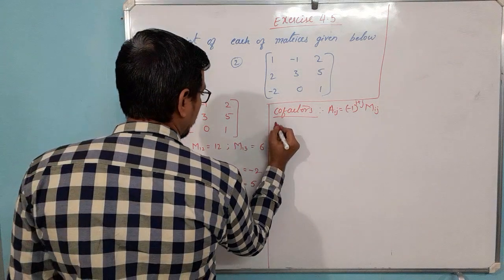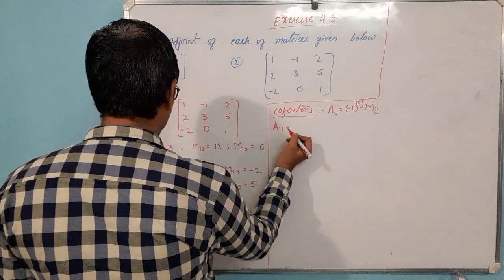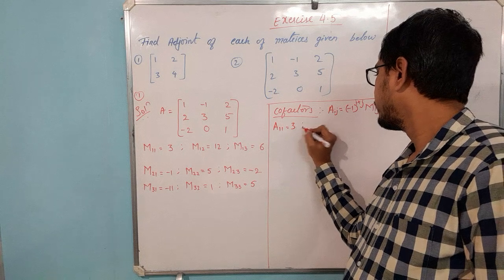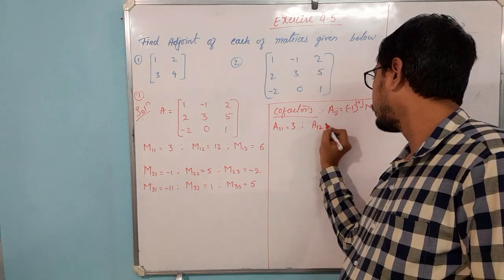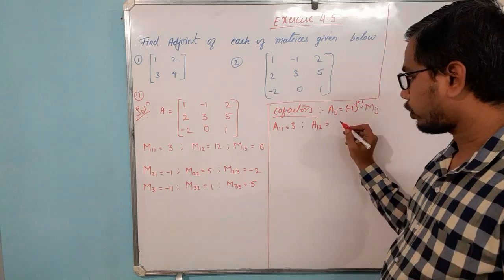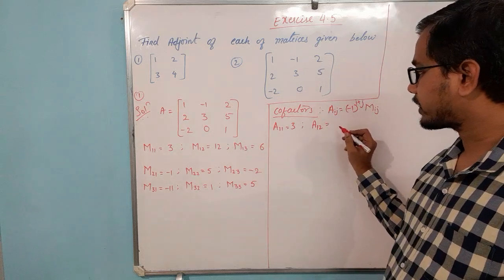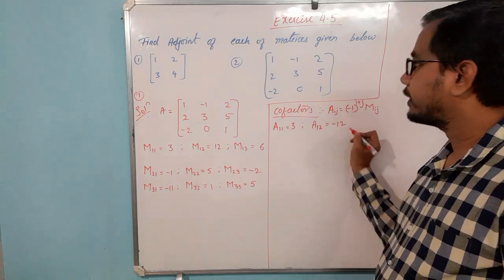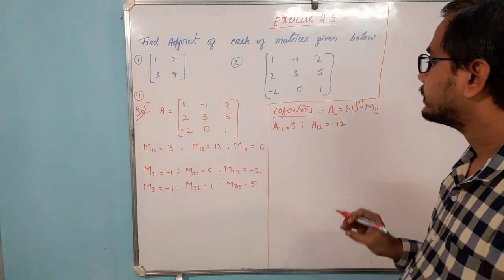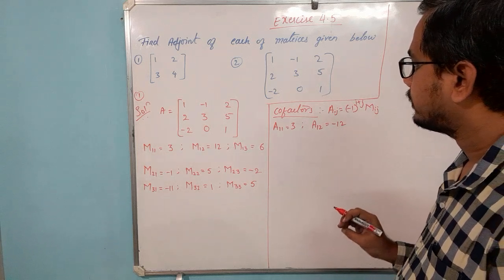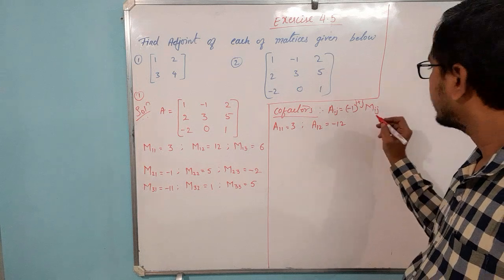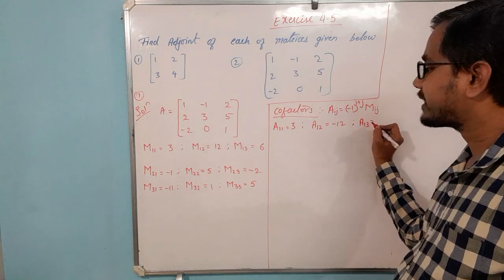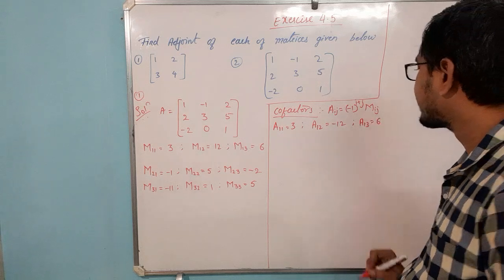So A11 will be, see, 1 plus 1 is even, so this is 3. A12 will be, 1 plus 2 is odd, so M12 we got as 12, so we can write it as minus 12. Then A13, 1 plus 3 is even, so as it is, 6.